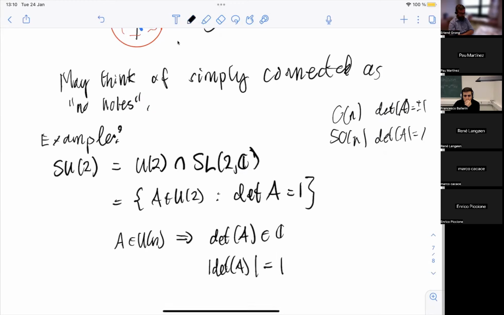So the determinant is somewhere on the unit circle inside the complex numbers. Whereas this is like the image we had before with two connected components, picking SON is just picking the component with determinant plus 1.